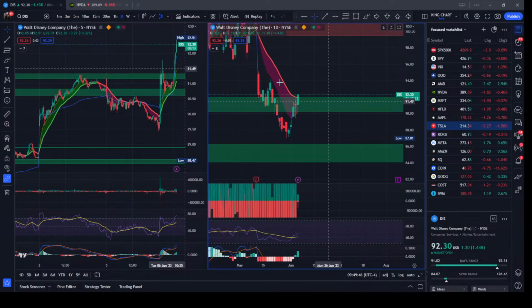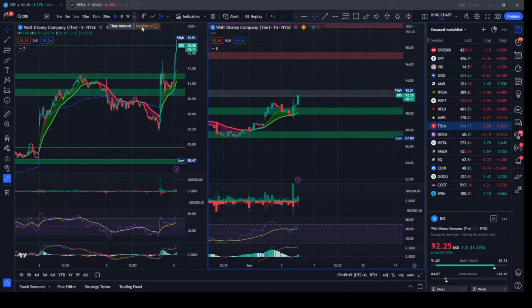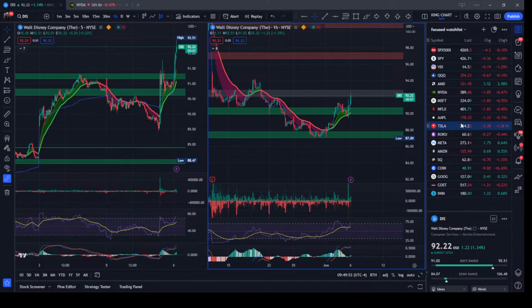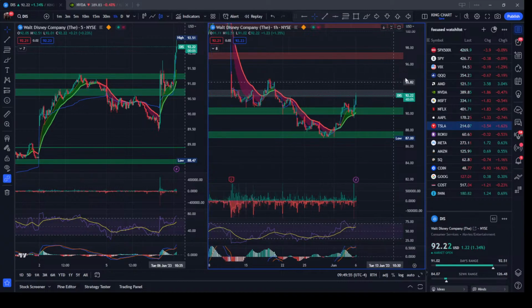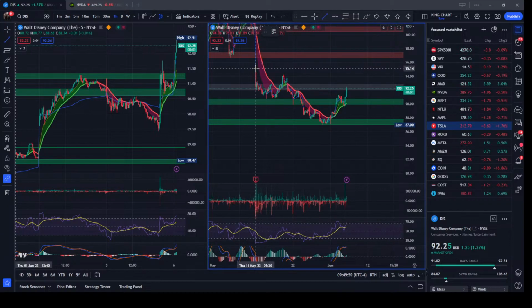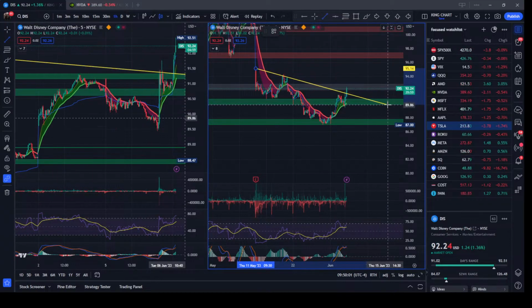Trying to look at the daily, trying to see if we see anything good. Yeah, so if we go to the 1 hour, we can actually get a little trend right there.